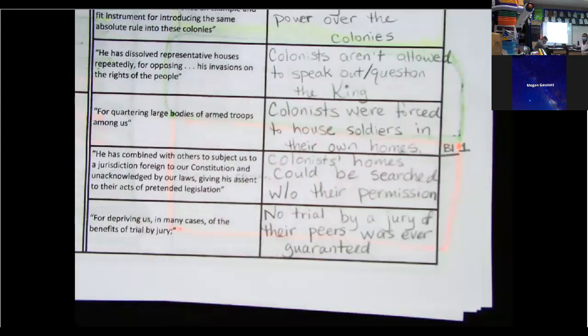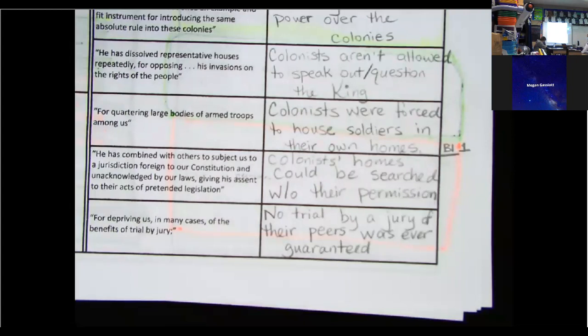By the way, I did not say this to this class Friday, but that part about quartering large bodies of armed troops among us. I said this to second and third block, and Mr. Mita said, Vandiver, you missed your opportunity.